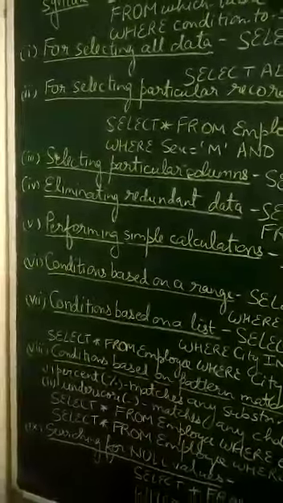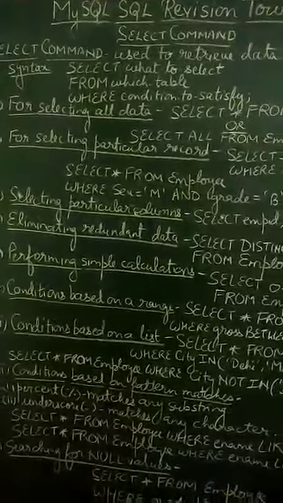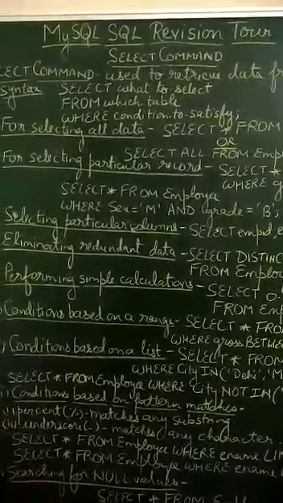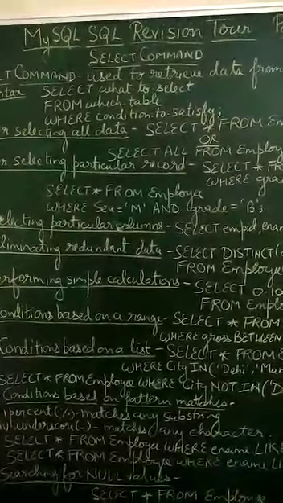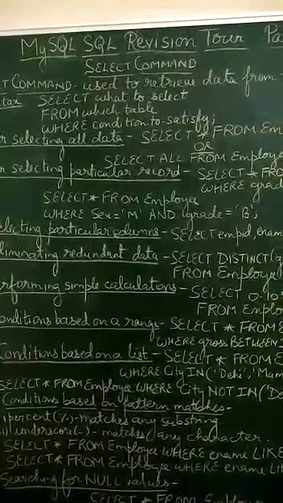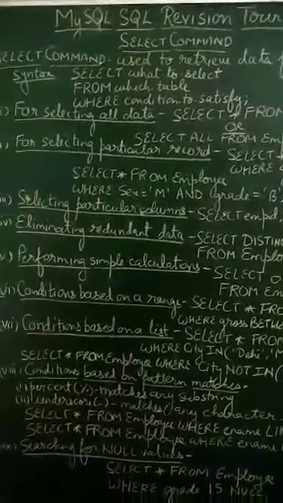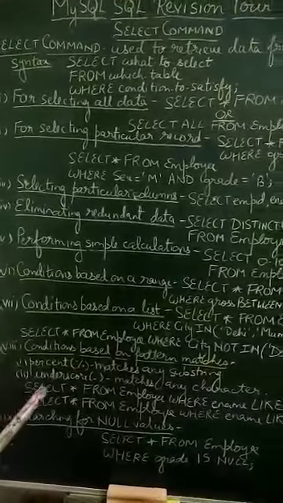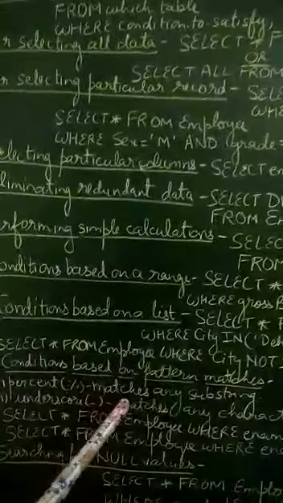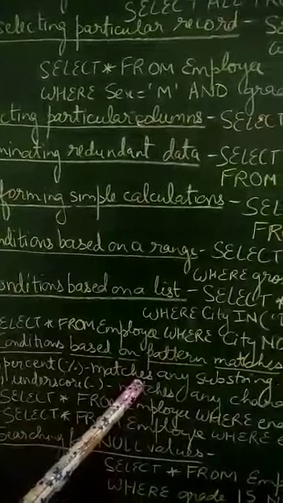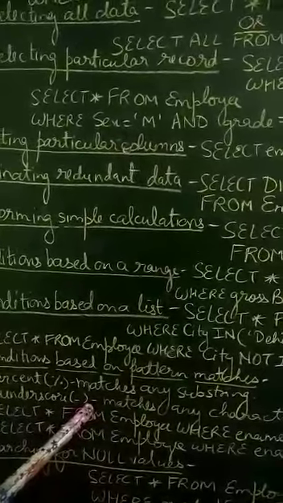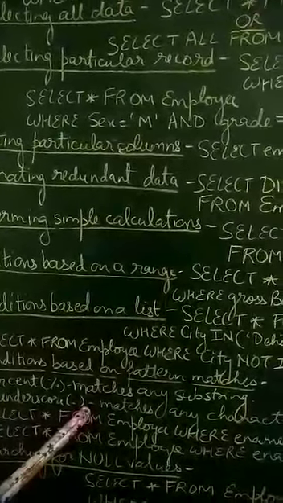Now the conditions based on pattern matches. SQL also includes a string matching operator, like, for comparison on character strings using patterns. Patterns are described using two special wildcard characters: percent, which is used for matching any substring, and underscore, which is used to match any single character.